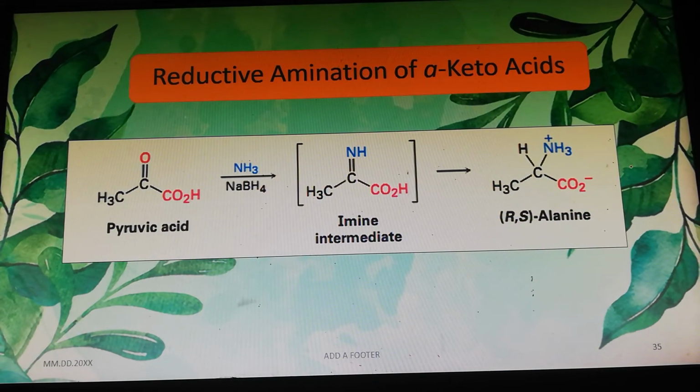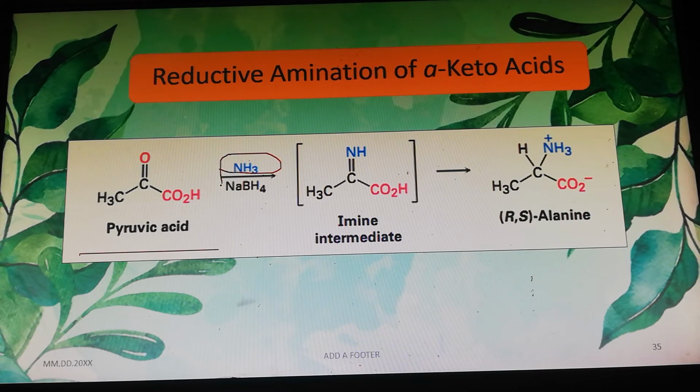Now, there's another method for the synthesis of alpha amino acids: reductive amination of an alpha keto acid with ammonia and a reducing agent. Alanine, for instance, is prepared by treatment of pyruvic acid with ammonia in the presence of sodium borohydride, NaBH4.